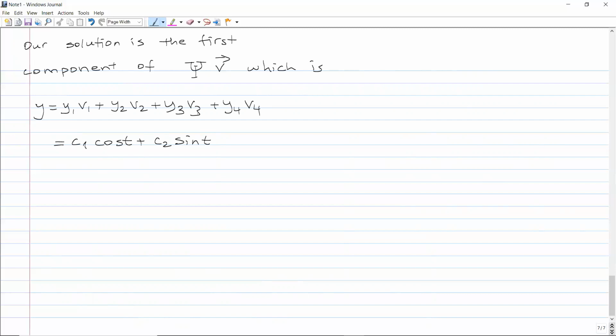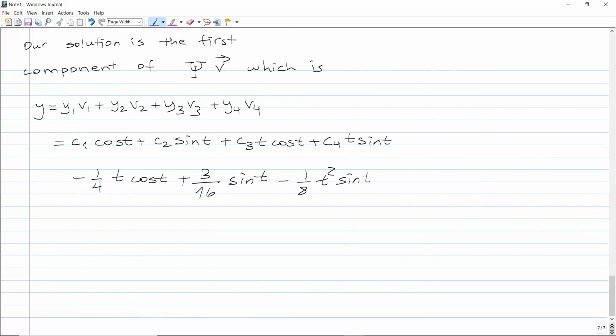Substitute V1, V2, V3, V4, Y1, Y2, Y3, Y4. And the remaining terms, when you simplify, you get the function minus 1 over 4 t cosine t plus 3 over 16 sine t minus 1 over 8 t squared sine t.